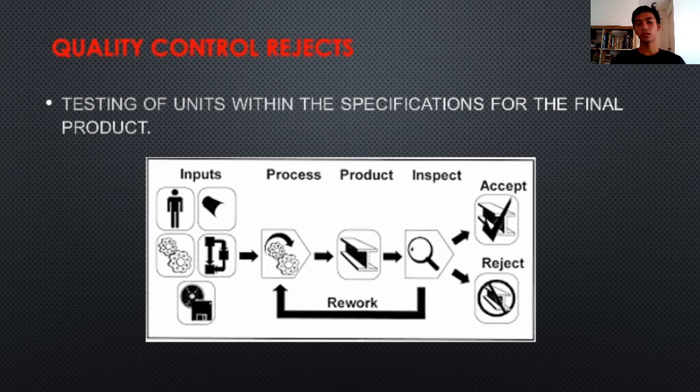So there are two ways in the end: accept or reject. If the product is rejected, then the company will rework again until the product is accepted and ready for the final production or for the business.